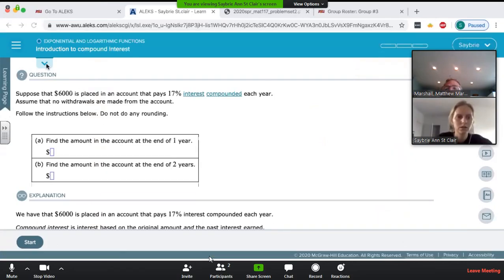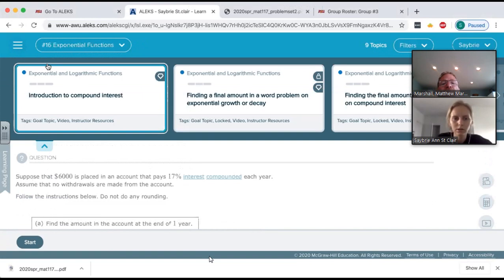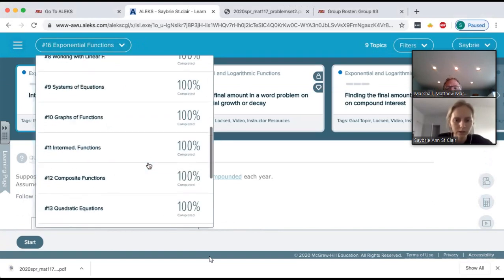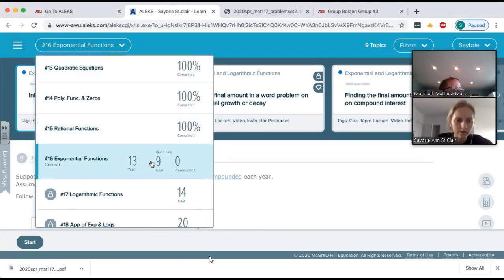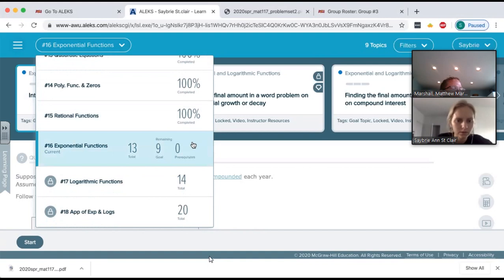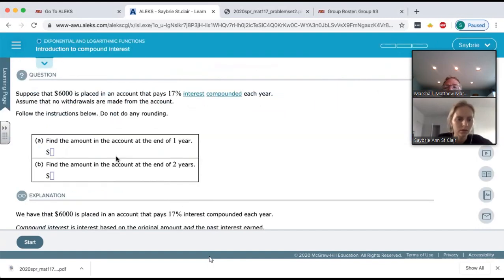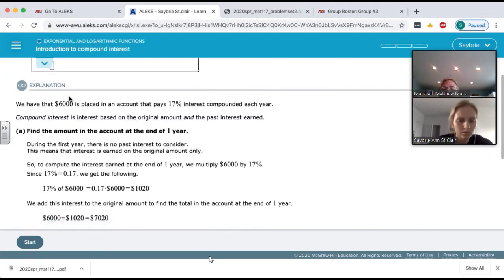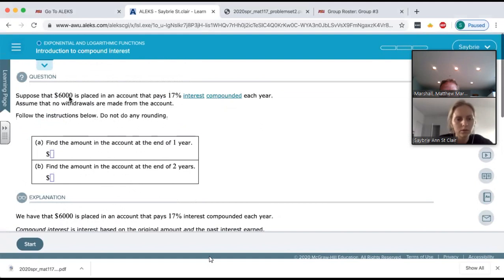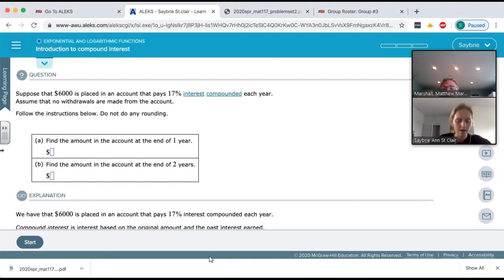Yep. Okay, can you go up to that top part? I'm going to take a picture of that. Okay, got that.